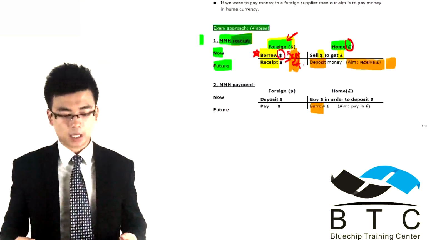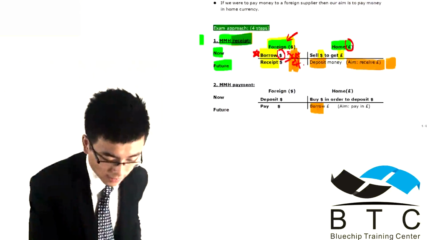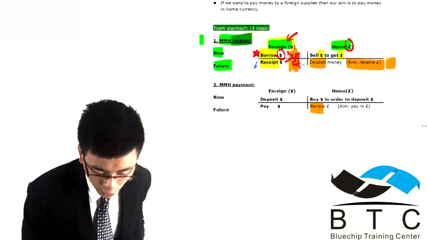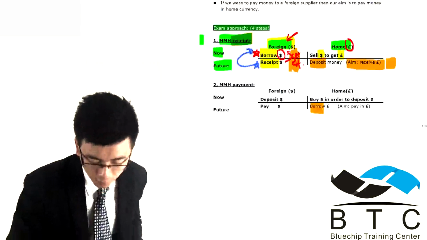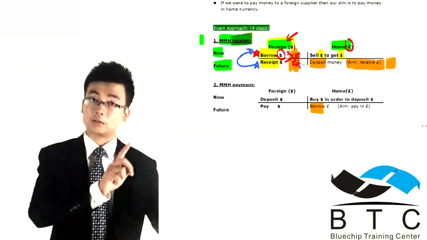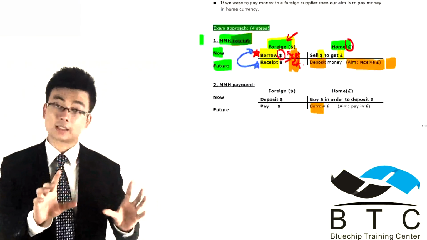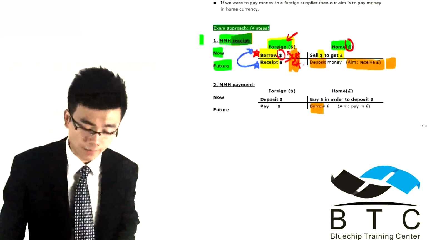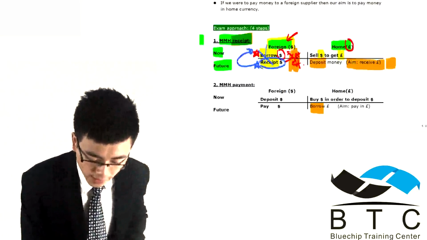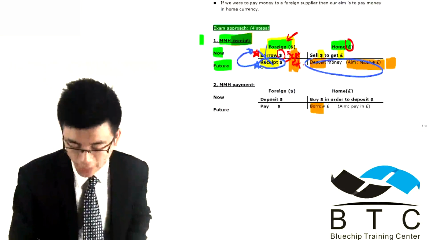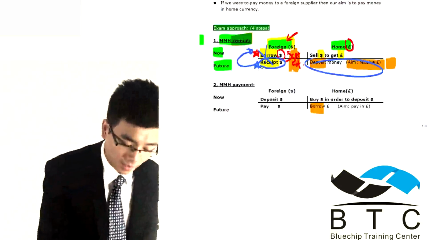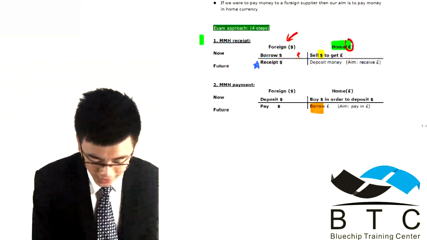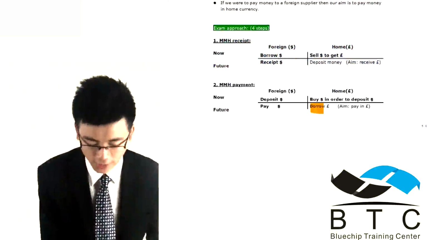So, once you've got the receipt at some point in the future, you can use that receipt to pay off the borrowing you made in the foreign bank, so they set off against each other. Yeah, that would be fine. And then instead of receiving in dollars, you're receiving in pounds, so that is the aim of the MMH receipt. Okay, so that's it. This is the first aspect of our MMH.